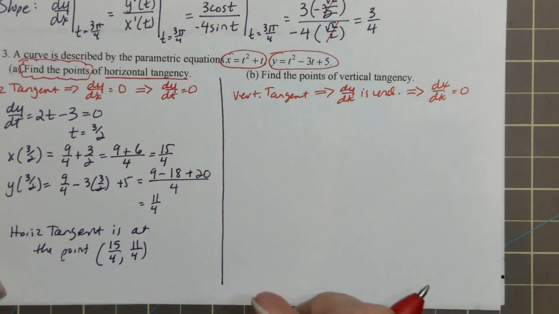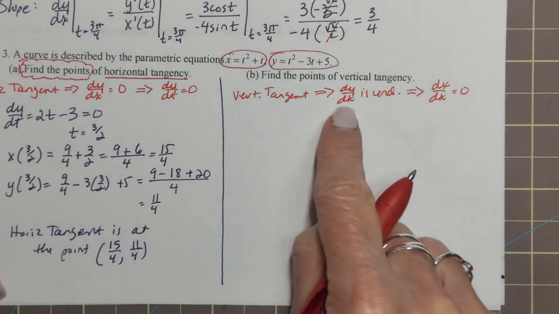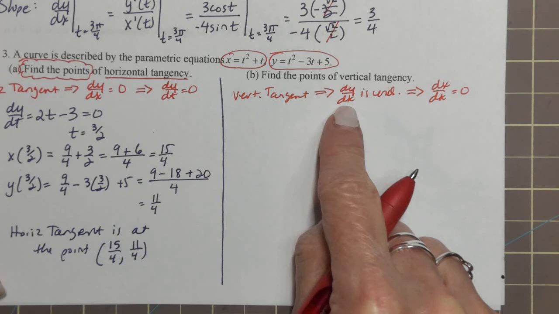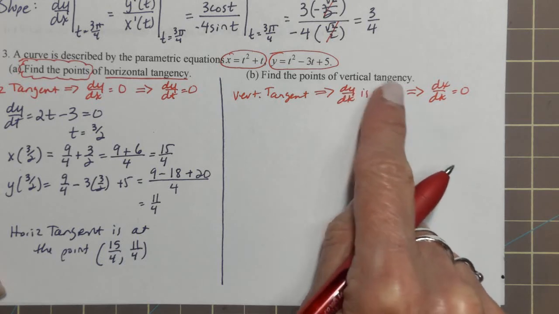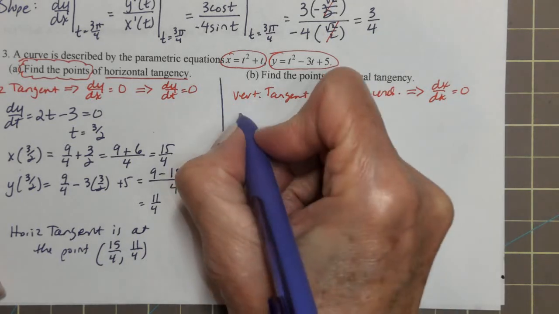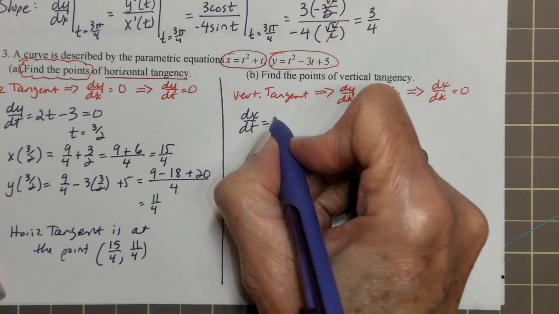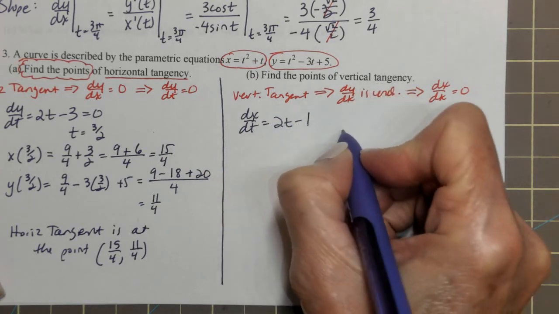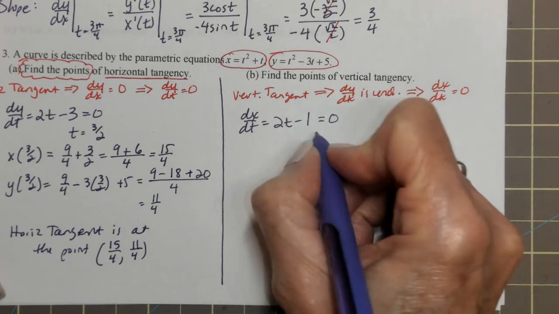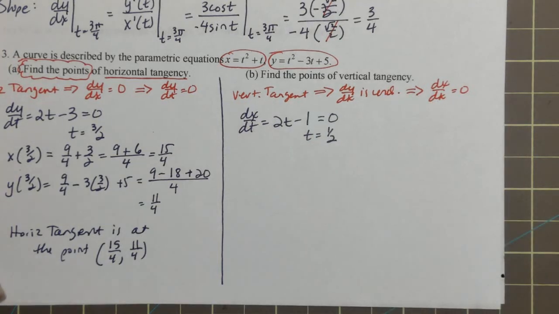Everything from what you used to do back in Algebra 1 with vertical slope. Vertical slope is when the slope is undefined. No, I'm sorry, vertical line. A vertical line is when the slope is undefined. So we want dx dt to be 0. dx dt is 2t minus 1. Little power rule. So we get time as 1/2.